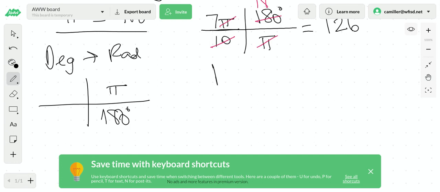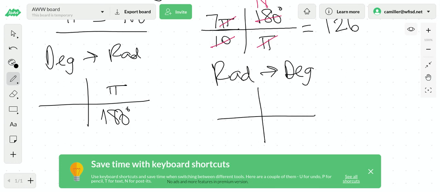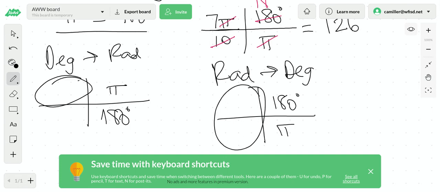If I want to go from radians to degrees, make your T-chart, but now pi is going to go on the bottom and 180 degrees is in the numerator. The left side, if you have degrees, you're really probably only going to put it here. If you have radians, it's possible that you would put it in both places. But you just fill in the degrees and the radians and then reduce.